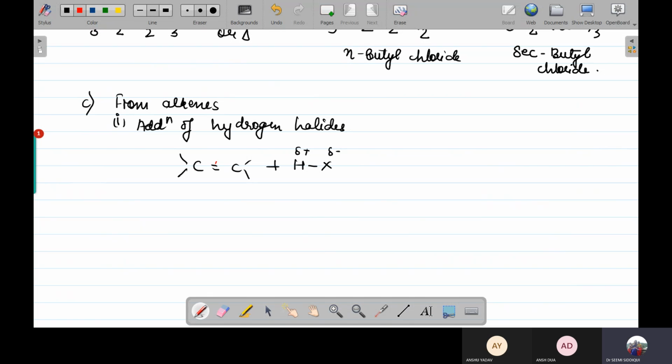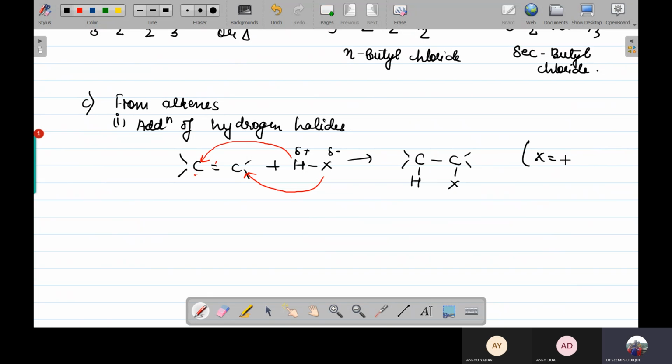Let's suppose over this carbon atom your electron density has increased, so it will have a negative charge. Therefore, this hydrogen will come and attack over here, and this halide is going to come and attack on this carbon atom. So in our product, the double bond will get broken and the haloalkane will get formed.